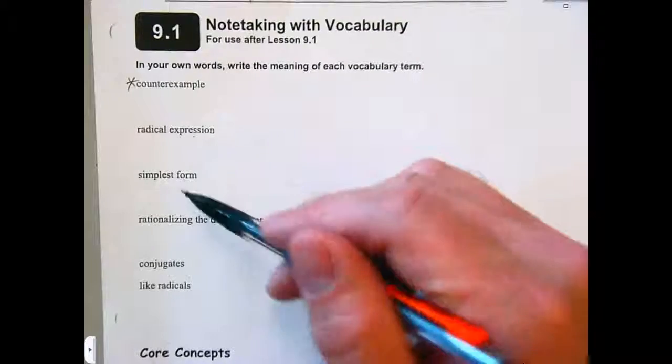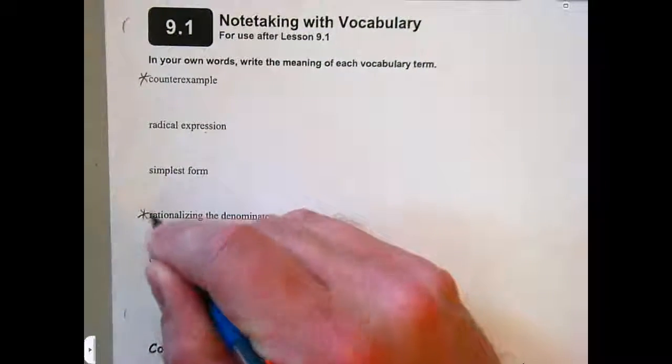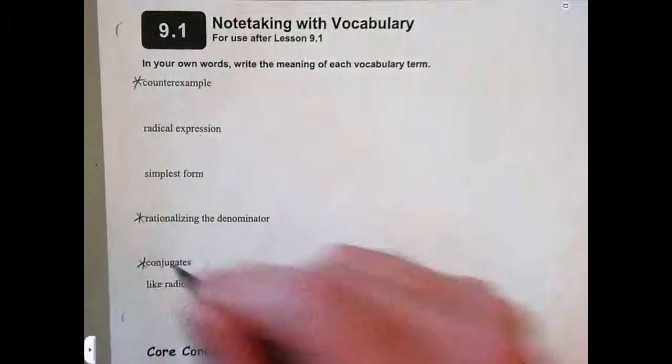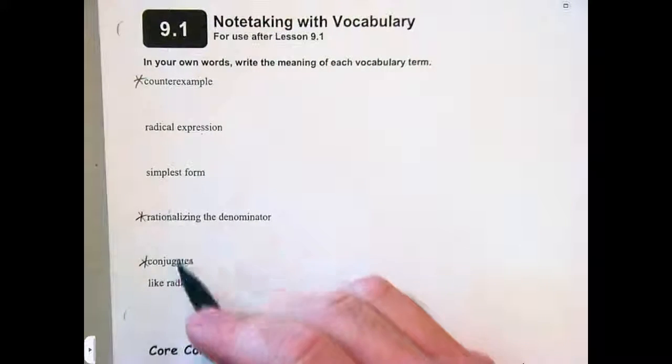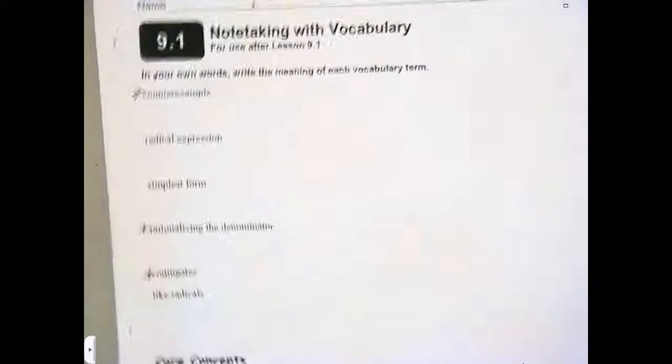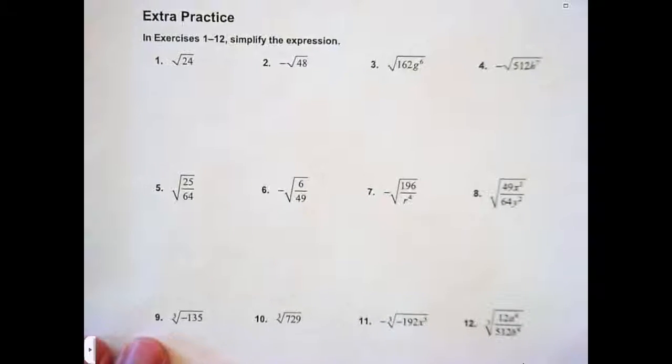Radical expression, we've seen some of those. Simplest form, we'll talk about. Rationalizing the denominator, we'll talk about. And conjugates, those are probably all brand new terms right there. Okay? And like radicals means you have the same thing under the radical symbol. Okay, so as we're going through our problems today, I want you to maybe flip back to that and add to your notes.